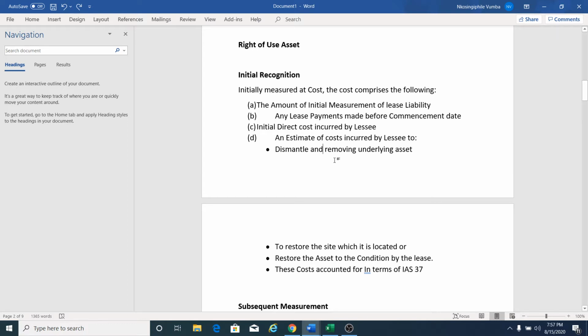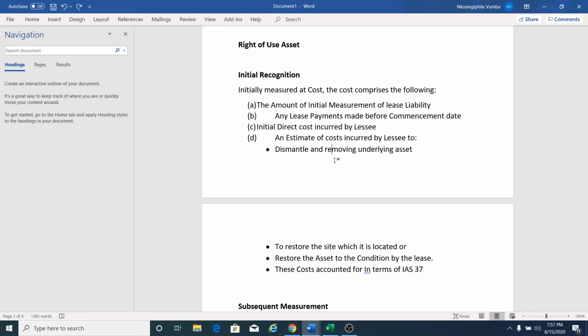What this means is, let's just say you were leasing machinery from the lessor, and you took the machinery to your own premises. Let's say you had to build that machinery, or you had to have a proper site for that machinery.